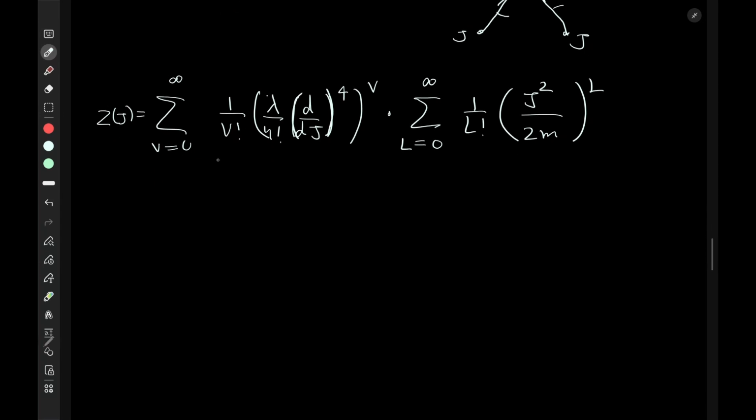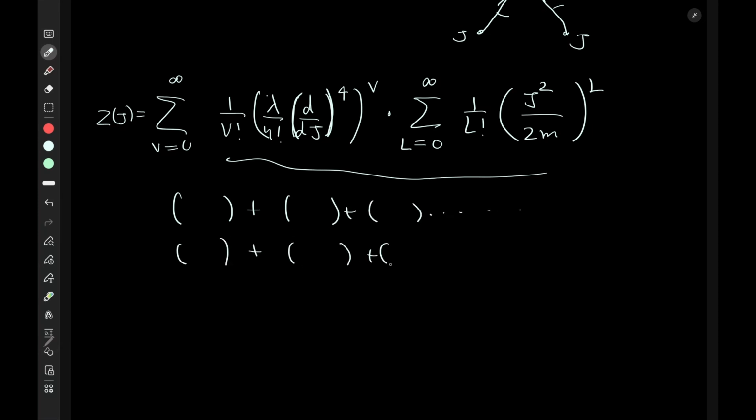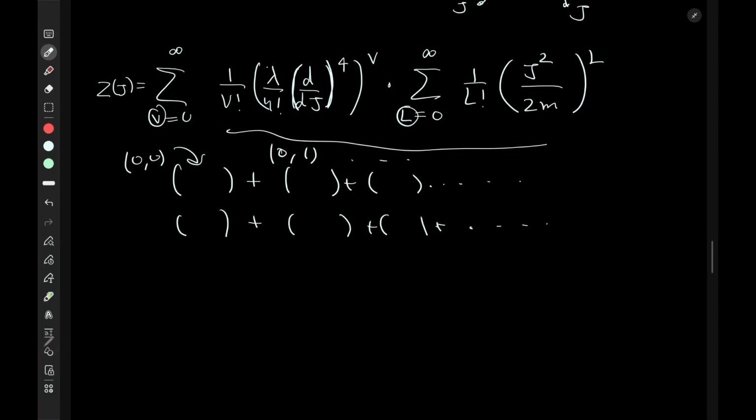Okay, so once again, this thing had different numbers, some number plus some other number plus some other number and so on, and again like this. This is a double expansion series. Each number here is associated with two integers v and l. For example, this one is 0 0, this one is 0 1, and so on, like we did a little bit ago.